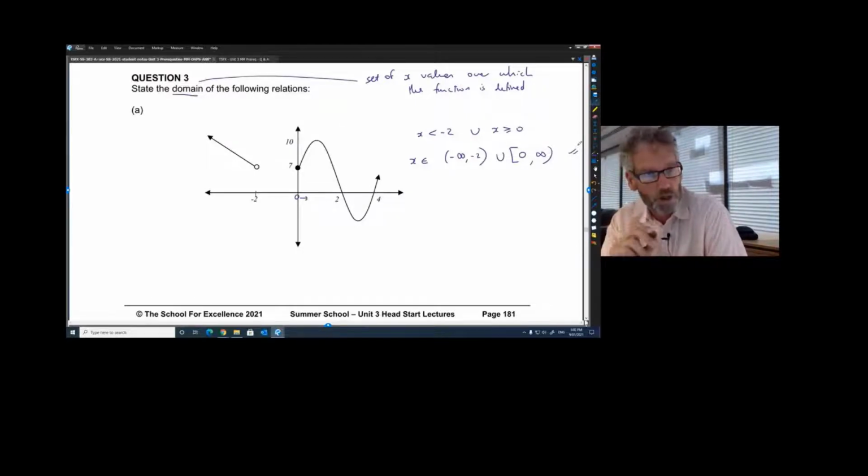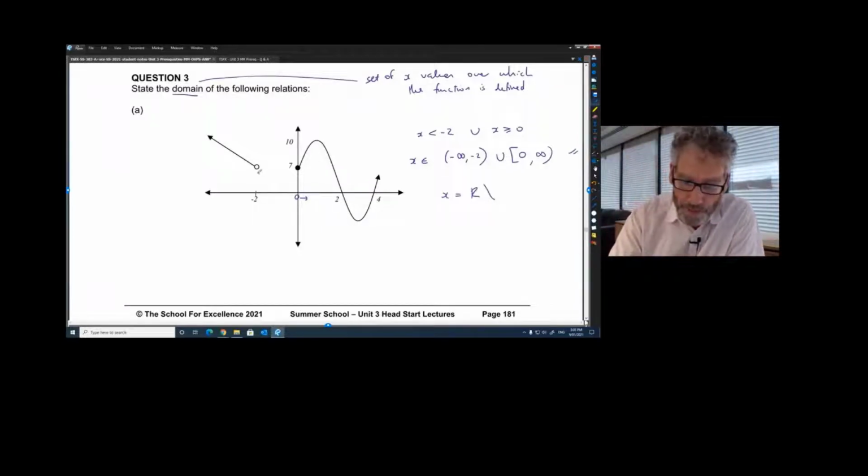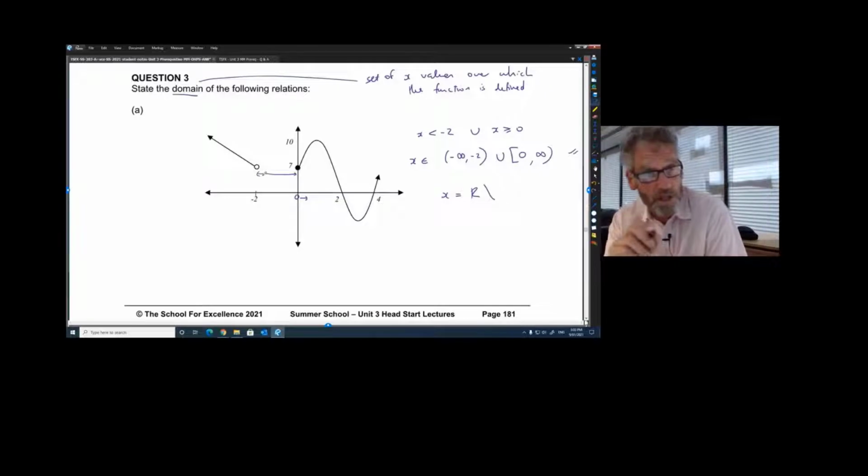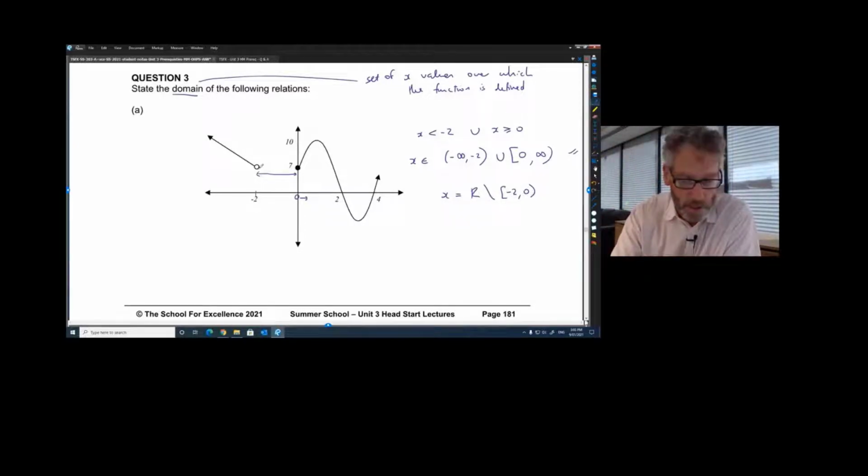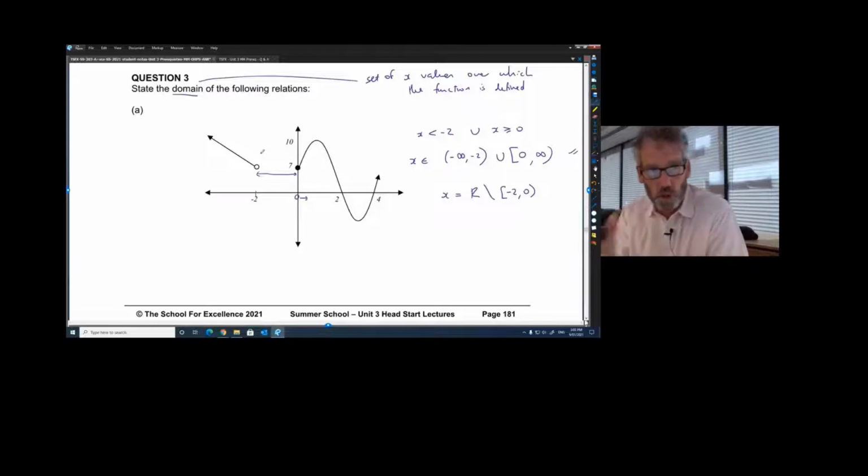Now, if some of you try to do an exclusionary domain, so if you tried to write something like this, all real numbers except, where you cut this middle bit out, be really careful if you do that. You can do it, that's fine, but be aware that the bit you're taking out is from -2 to 0, and notice I've got the brackets the other way around here because I want to exclude the -2. In the actual answer, -2's out, so I've got to exclude it.